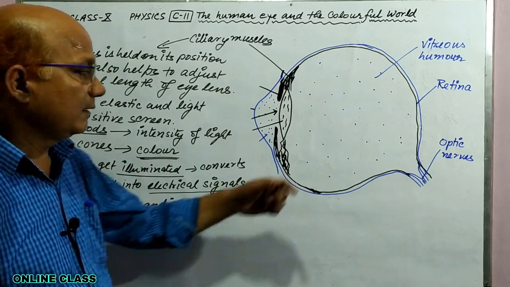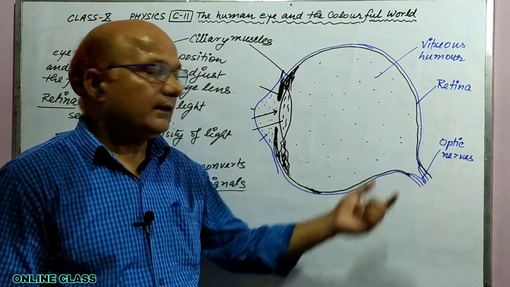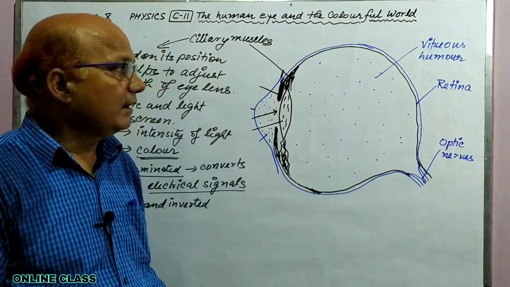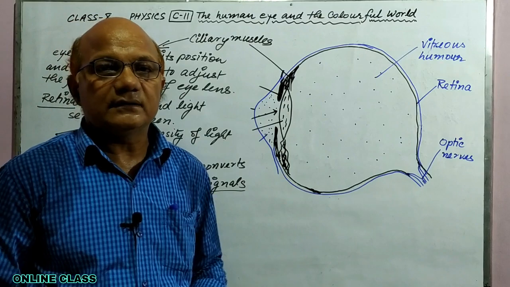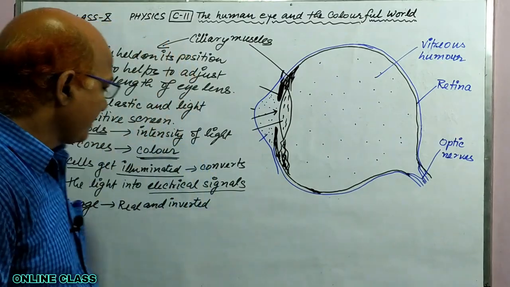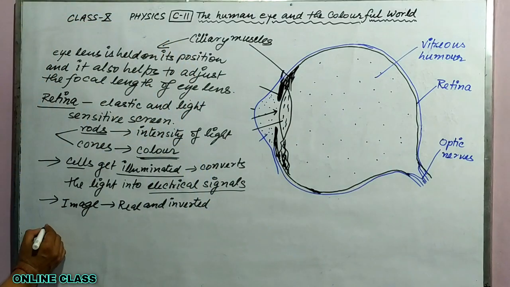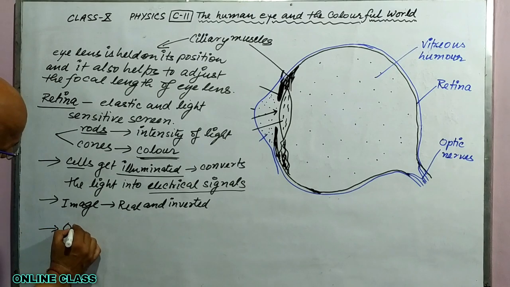But the brain interprets the signal and sees the object erect. Okay. And now next part is optic nerves.